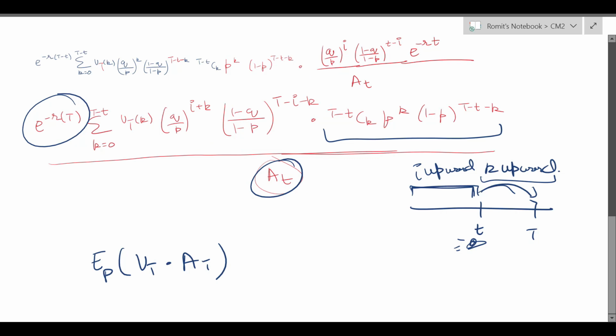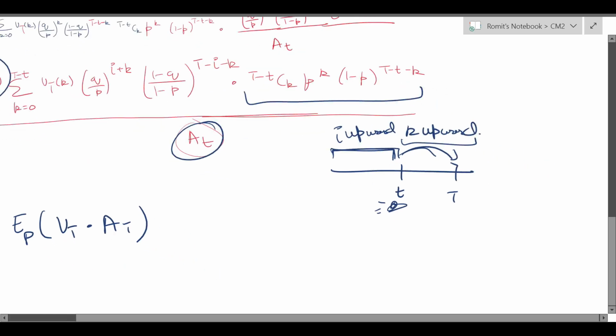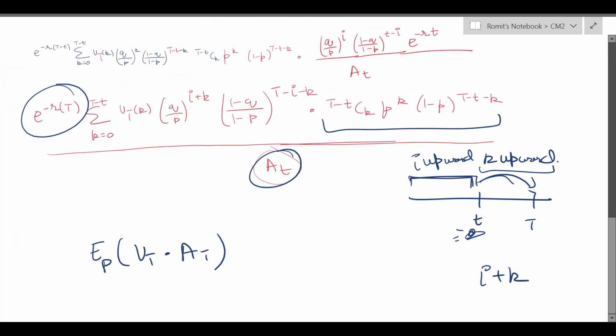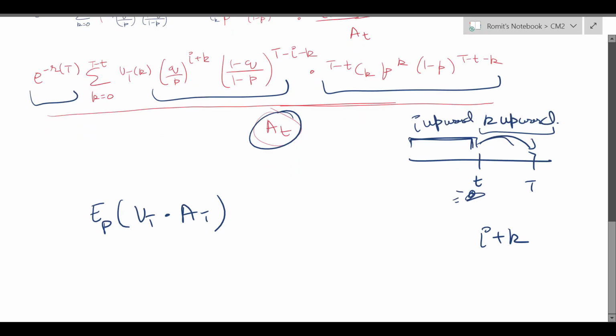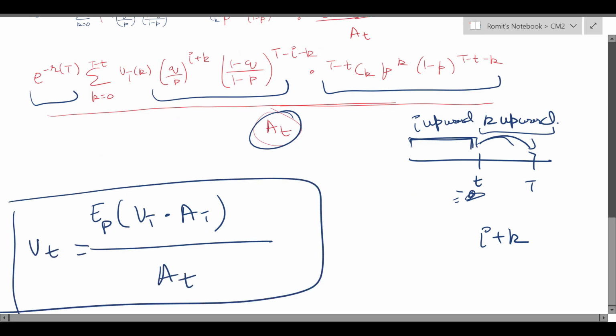So the total number of upward movements just becomes i plus k. These three terms comprise your state price deflator, so that becomes A_T, and then divided by small A_t, and this is your V_t. Okay, so that's how you show this mathematically.